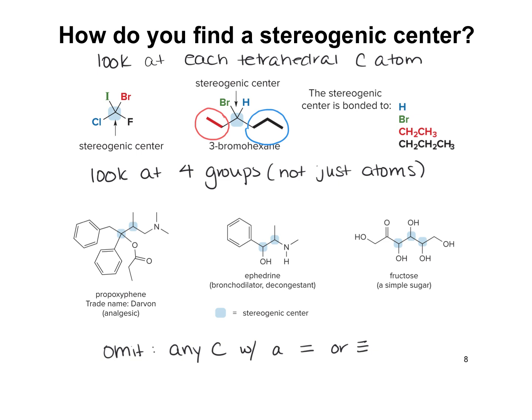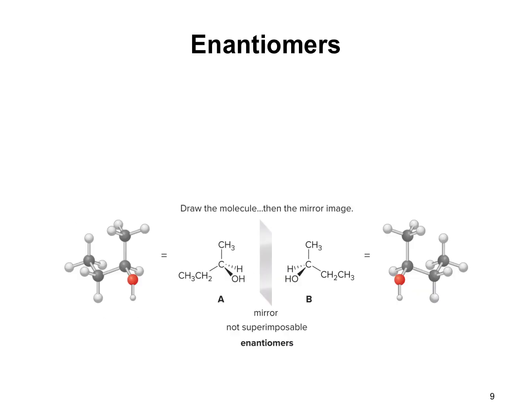Now, when you have a stereogenic center, it's quite possible that you could have an enantiomer. So enantiomers are non-superimposable mirror image molecules. Okay.